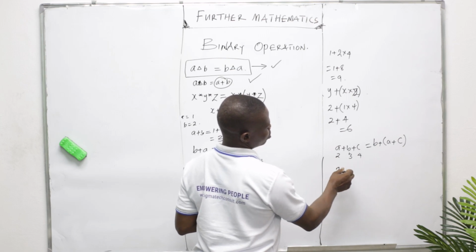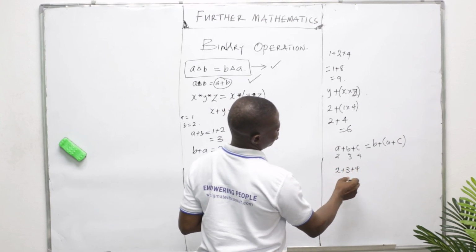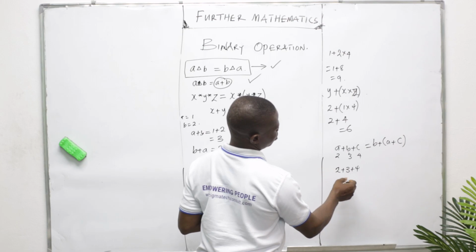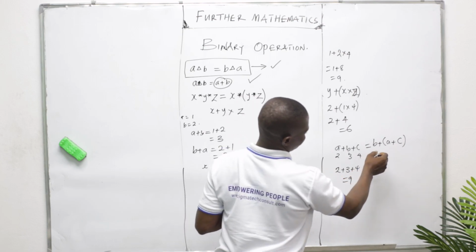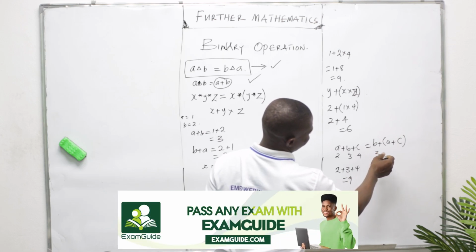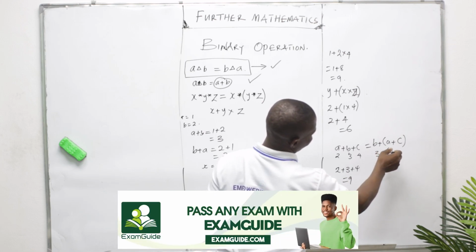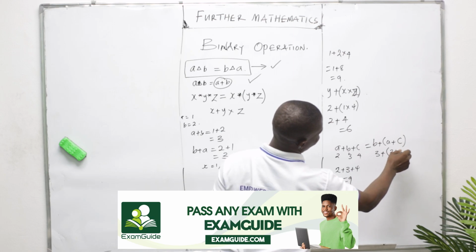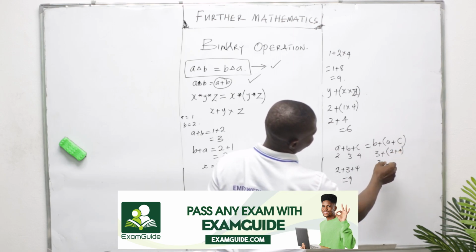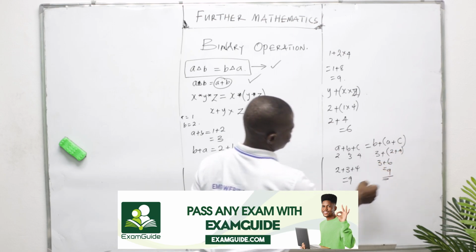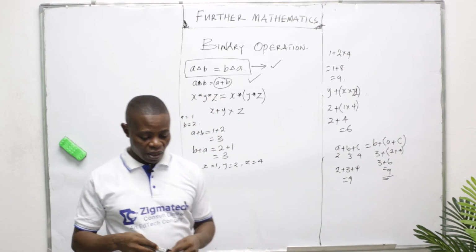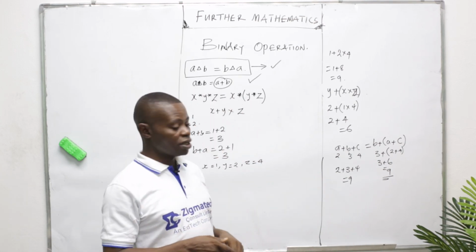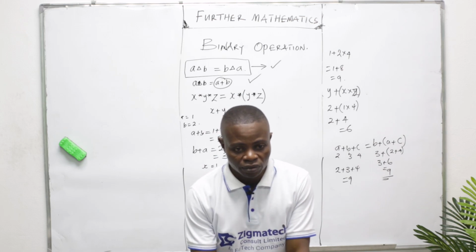Let's say 2 plus 3 plus 4 equals 9. Is it the same thing as starting with B first? B is 3 plus bracket 2 plus 4. This is 3 plus 6. So it's also 9, meaning it is distributive over the operation.